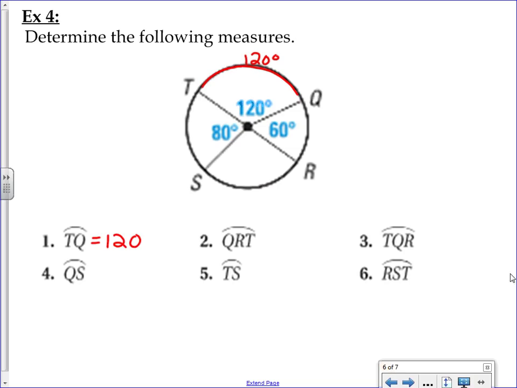If you take a look at QRT, make sure you follow those letters. Start at Q, go through R, go up to T. You'll notice that's the major arc that goes with minor arc TQ. So you're going to do 360 minus 120, which will end up giving you 240.